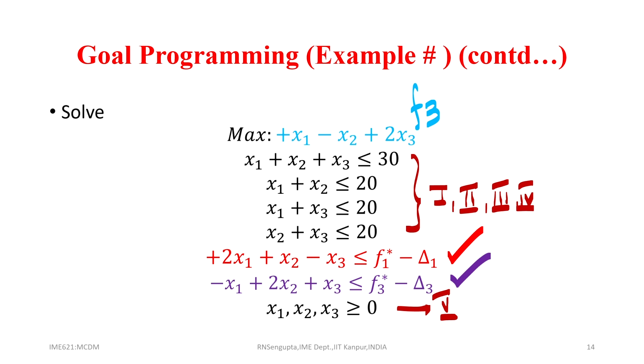So, I have to basically subtract a value of delta 1, delta 3 in order to obtain feasible solutions.